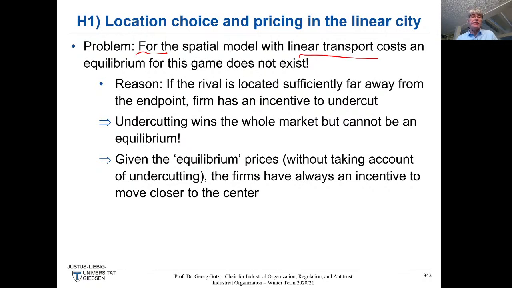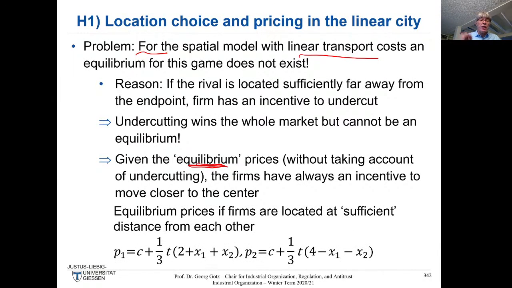Okay, and so the problem is really an important one, because given the equilibrium prices which would arise given some location, without taking this undercutting into account, the firms will always have an incentive to move closer to the center.